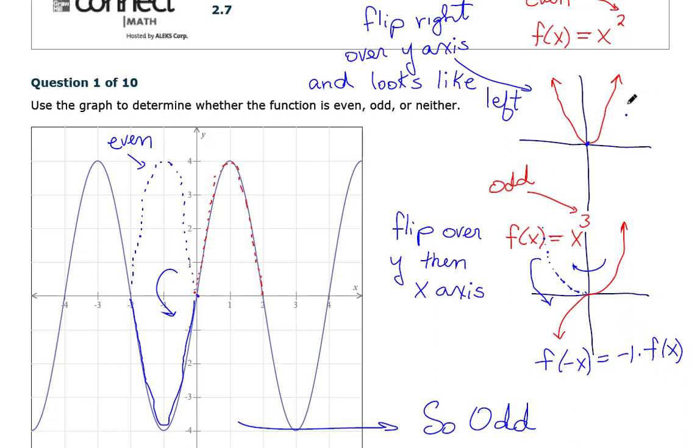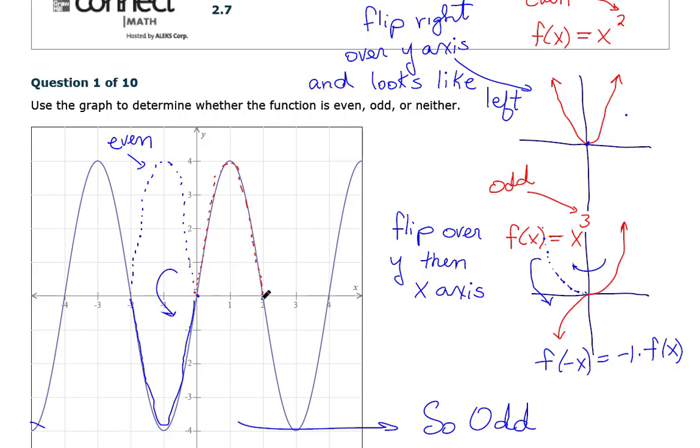So if a function behaves like x squared, we call it an even function. And if it behaves like x cubed, then it's an odd function. So here in question 1, we have this nice graph here.